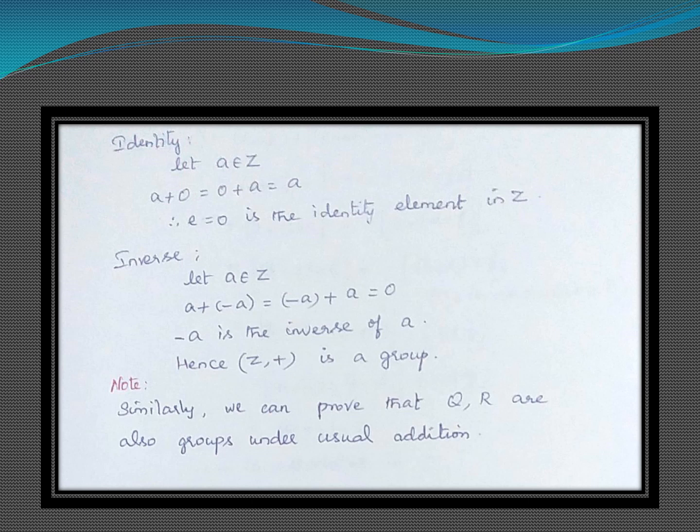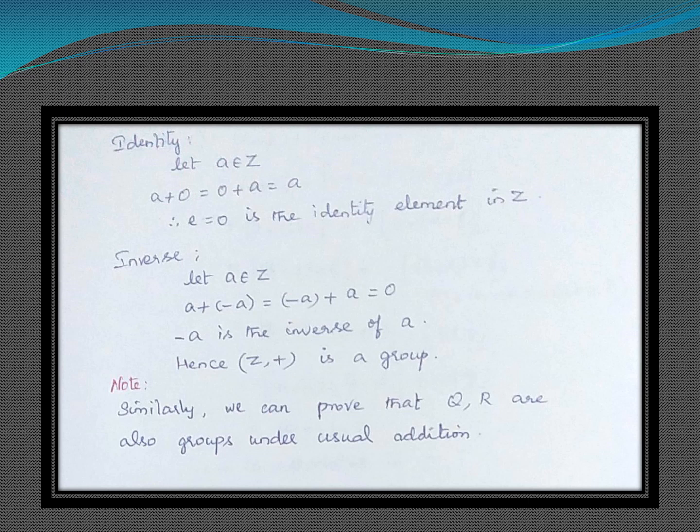And then the fourth property, inverse. Let us take a belongs to Z. Here also I am going to find an element a dash which satisfies the condition a plus a dash equals a dash plus a equals e, that is equal to 0. Then a plus (minus a) equals (minus a) plus a equals 0.